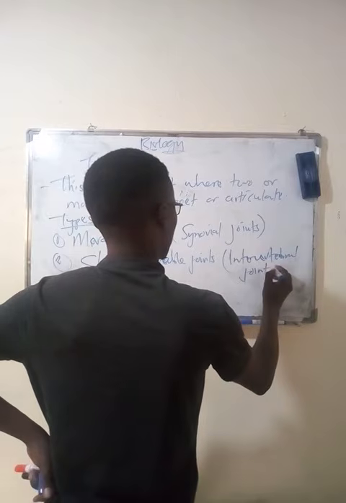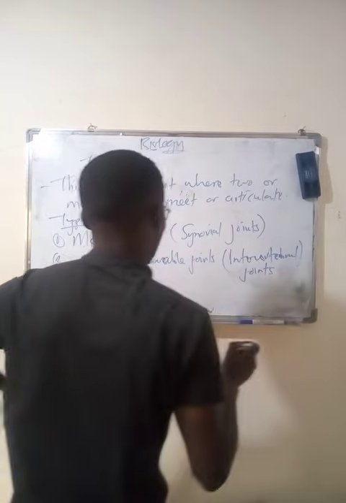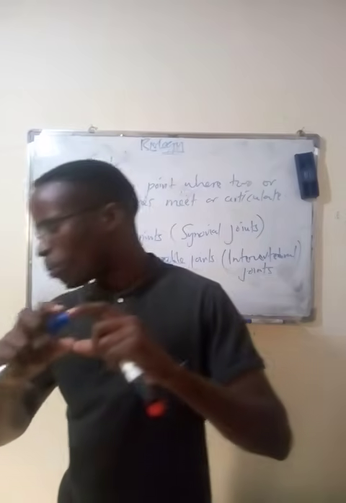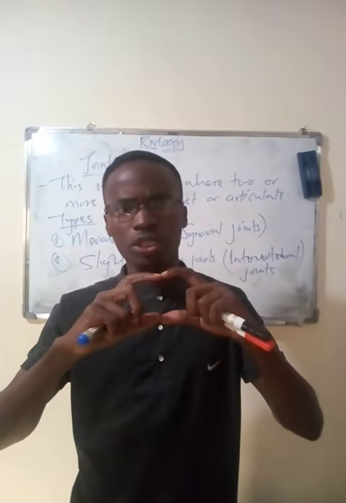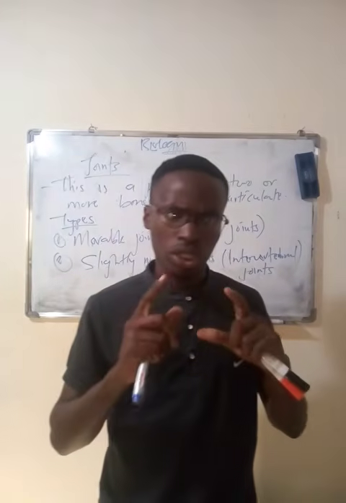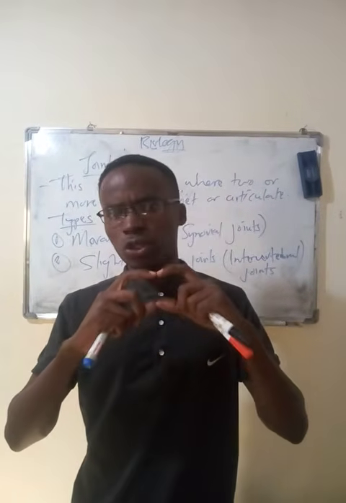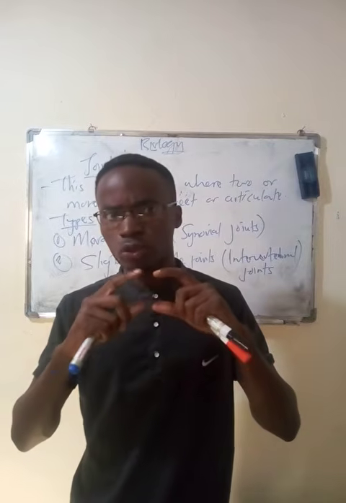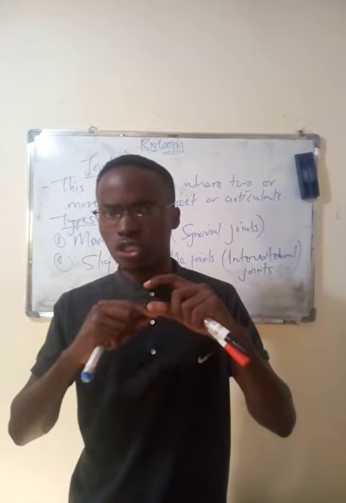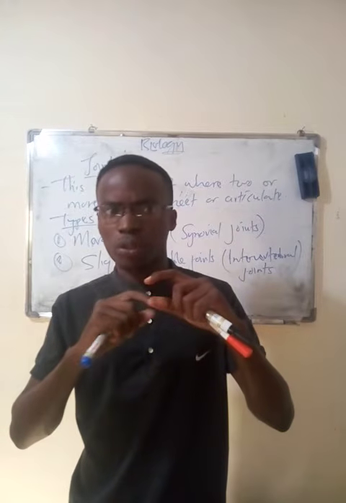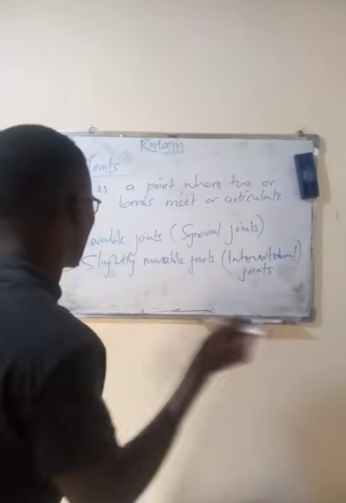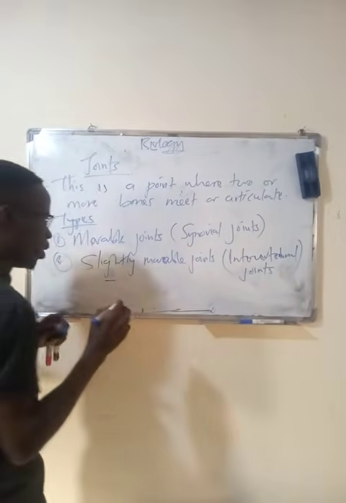When you look at the spine, it's made up of small bones called the vertebrae. We're going to talk about that under the exoskeleton later on. In between the vertebrae, there is what is called the intervertebral disc, which is a cartilage. These are also called cartilaginous joints, by the way.